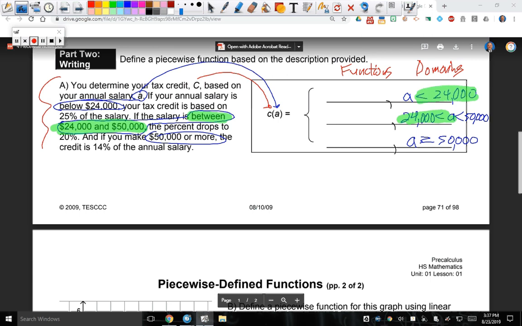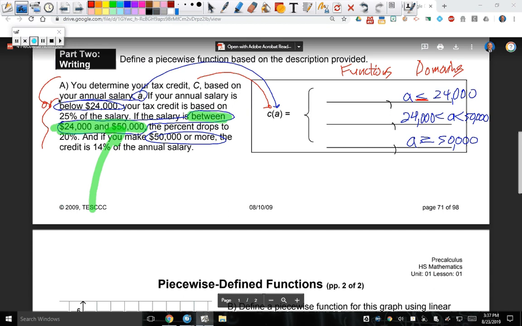But on this one, because of what I highlighted here in green, I would go and change this to be equal to. And I want you to do that. I know what it says. I know what it reads. But I want you to change it because of what I told you the default of between means. Okay? Alright, so it's almost like saying 24 or below. Equal to 24,000 or below.